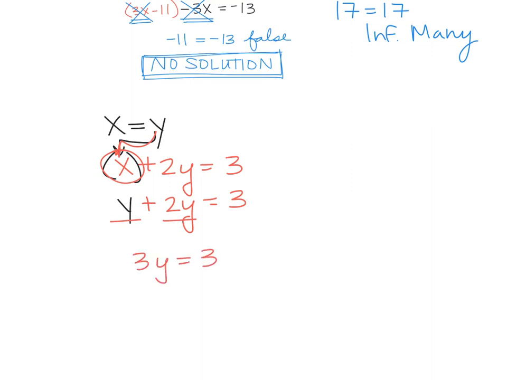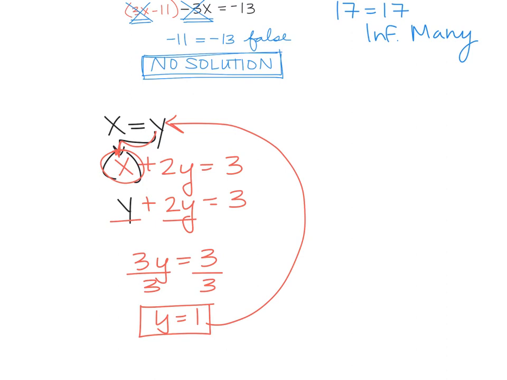So you get 3y equals 3. Now you divide by 3. So y is what? Y equals 1. Okay, now go back up. If y is 1 and I plug y in here, x is 1 because x equals y. So x would be 1 and you're done. Your answer then is 1, 1.